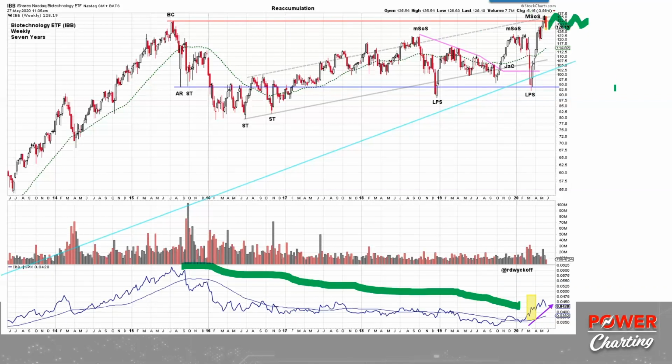This shows that demand is good, supply has been absorbed, and biotech as a group is ready to have an emergence into an important uptrend.